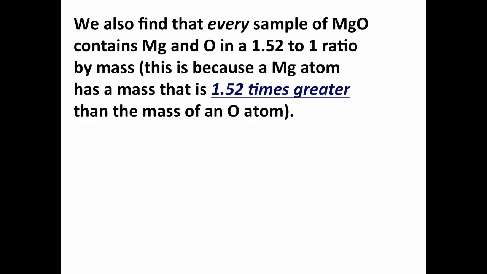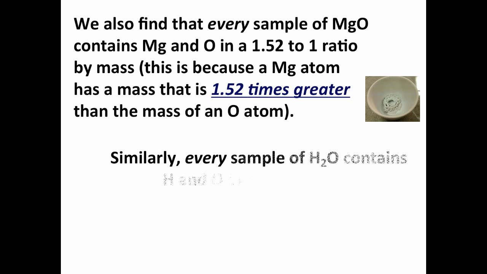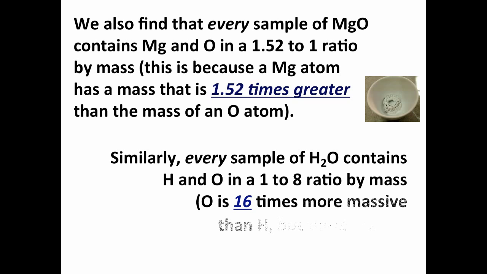And the reason for this is magnesium atoms have a mass that's about 1.52 times greater than oxygen atoms. So if we have more or less of the substance, the ratio of the magnesium to oxygen masses are always the same. Same thing's true for any other substance.